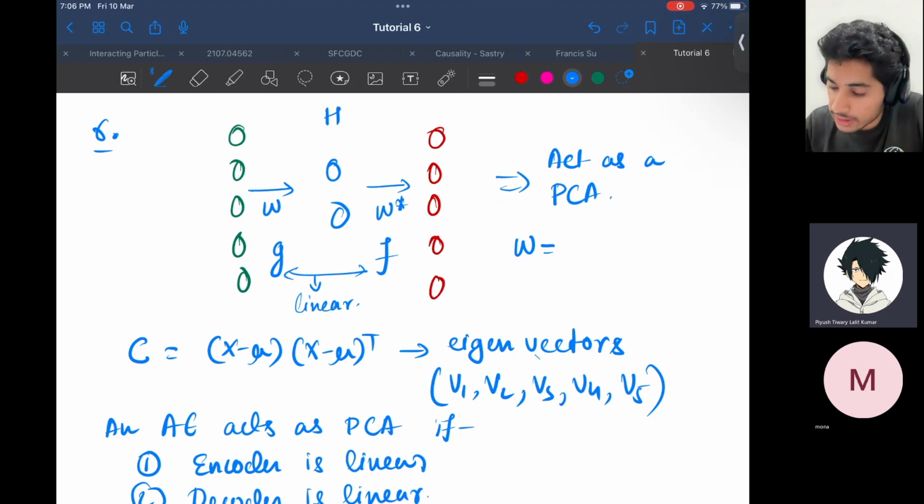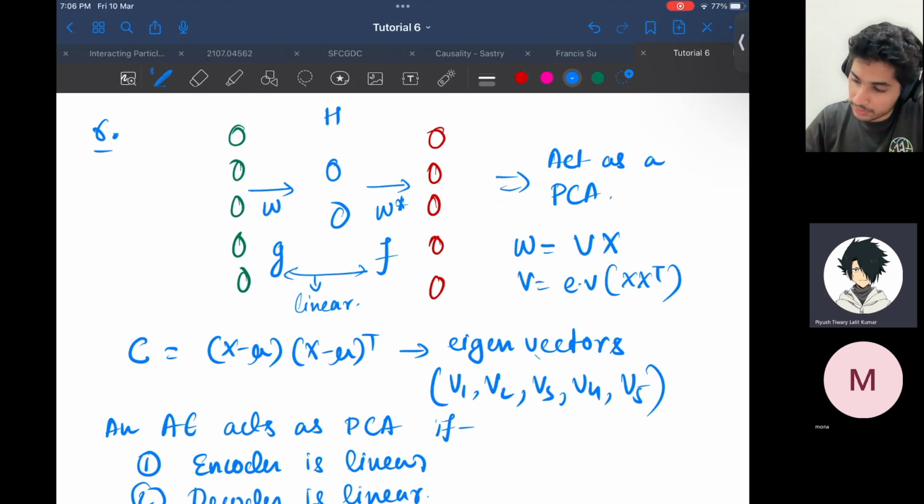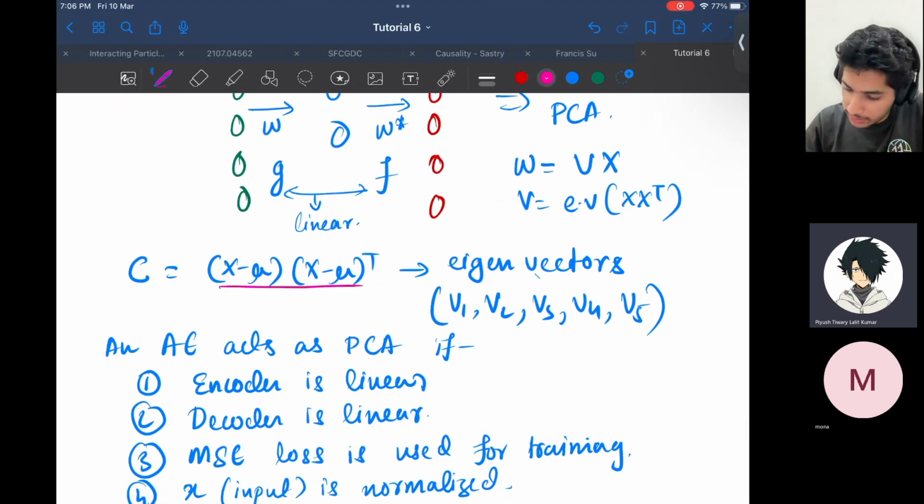It comes out to be V times X, where V is the eigenvector of X transpose X. Just to clarify, if the data is normalized, you have already subtracted the mean from the data, so those terms become zero, and eventually it becomes X transpose X. And the weight matrix that you are learning will be just V. So this is the eigenvector that you want.